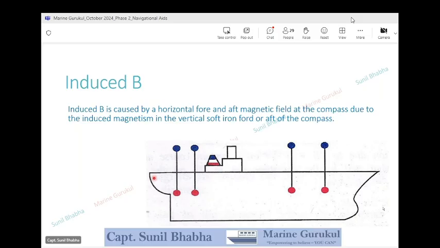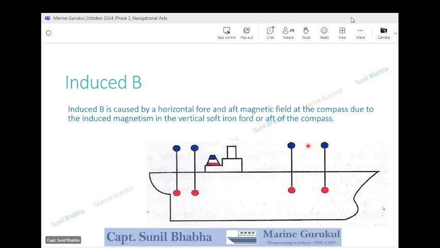If this particular ship is in northern hemisphere, the lines of force go vertically downwards, so they will be entering from the top end of the VSI and leaving out from the bottom end of the VSI. So the top end where they are entering gets a blue polarity, and the bottom end where they are leaving out gets a red polarity.